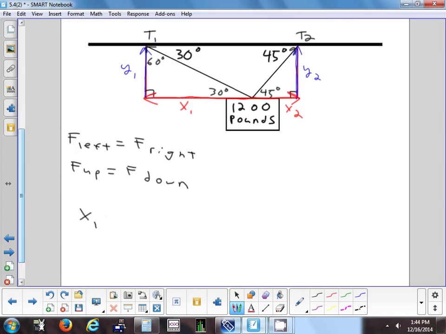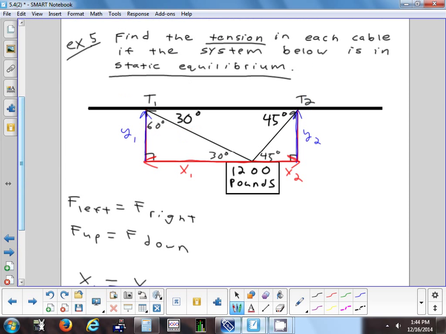So X1 has to equal, what's the force going right? X2. Now this is great that we put X's and Y's in here. Eventually we want to talk about the tensions in the black cables. Because remember, the red and the blue don't really exist. We added them in to create triangles that are going to help us, but they're not really there in real life. The T1 and the T2 is all that's there. But that's a good start.